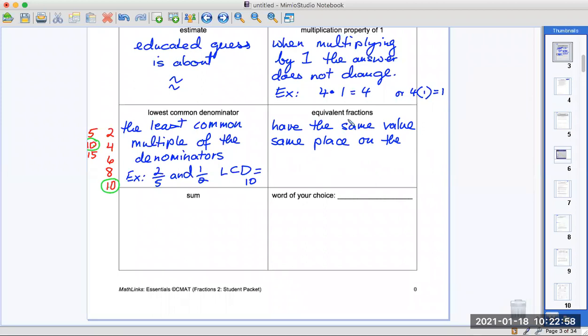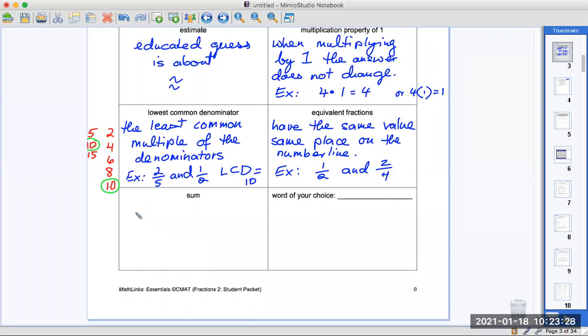But if they're equivalent, they will share it because they're the same number, okay? Same place on the number line. Well, sometimes you don't recognize that. For example, if you have a fraction like 1/2, the same value would be 2/4, because 1 out of 2 is the same as 2 pieces out of 4. Yeah, so these are the same or equivalent fractions.